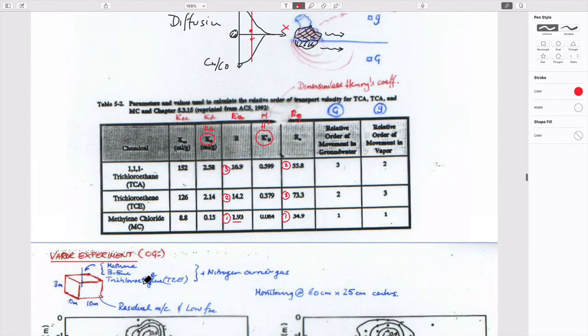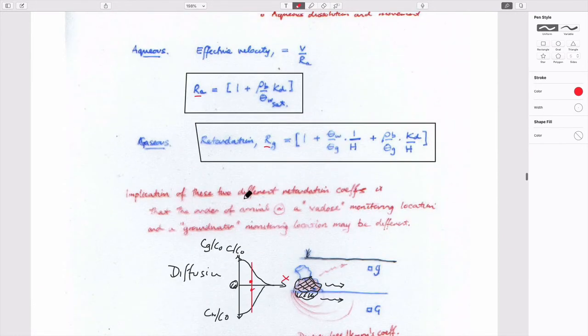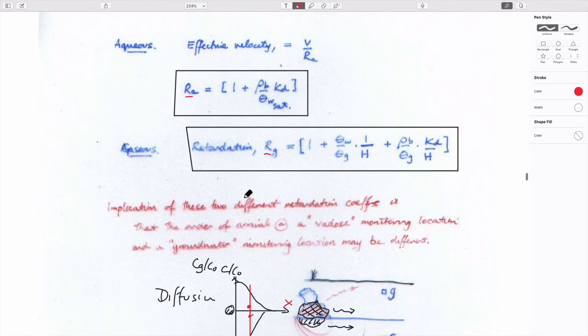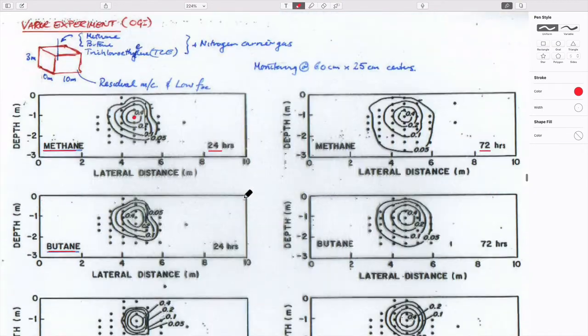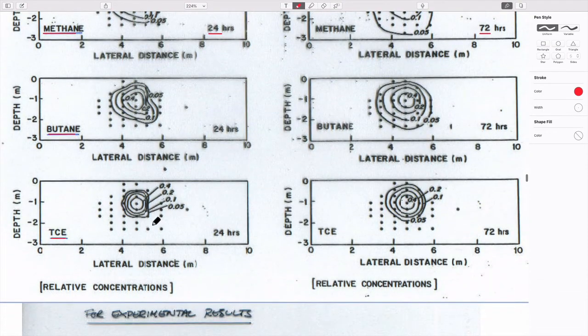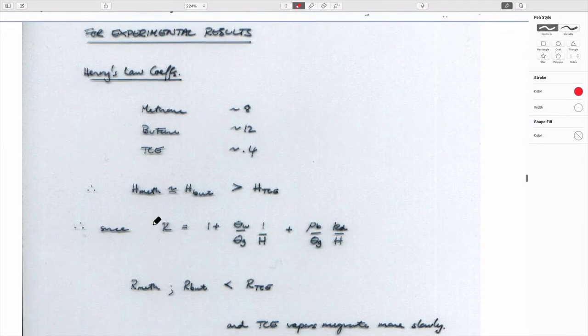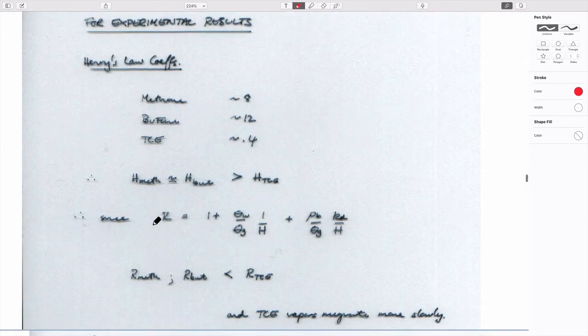And so it should correspond then, if we look at the magnitudes for these gaseous retardation coefficients, that TCE, the slowest moving one, should have the largest retardation coefficient. And so if you go through these and you take the values for these Henry's law coefficients, what we've called H, by definition, they have similar magnitudes for the first two and a much lower magnitude for the third.